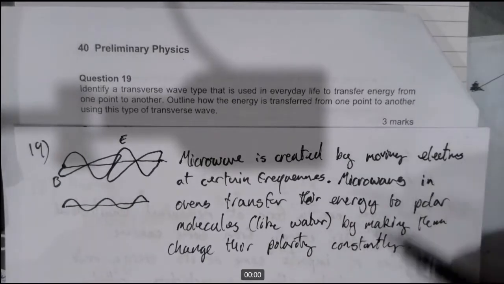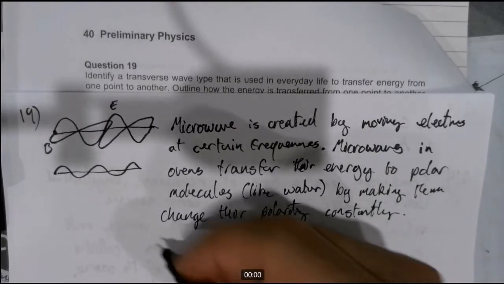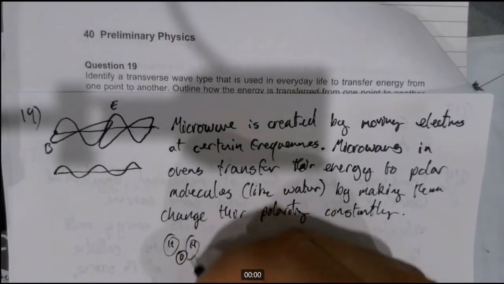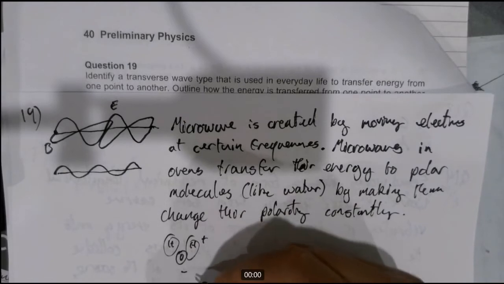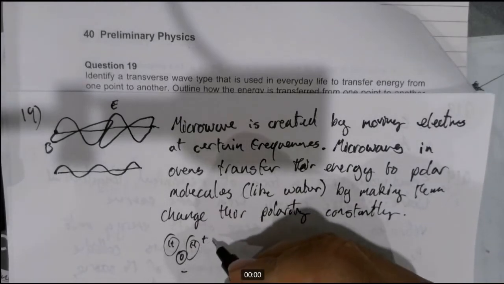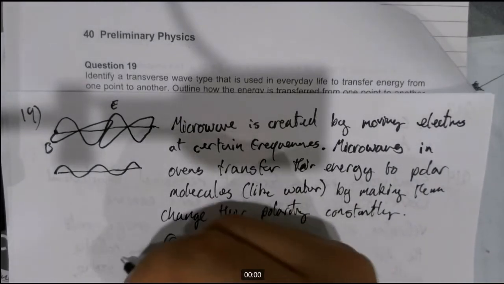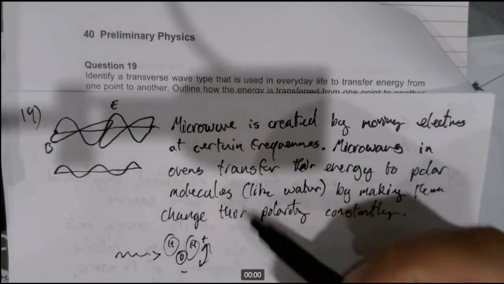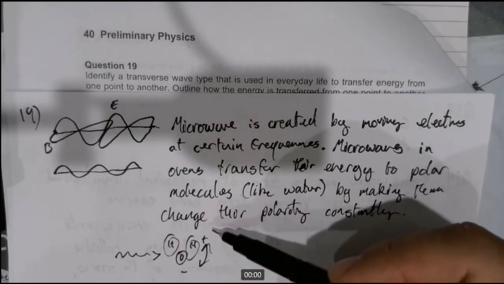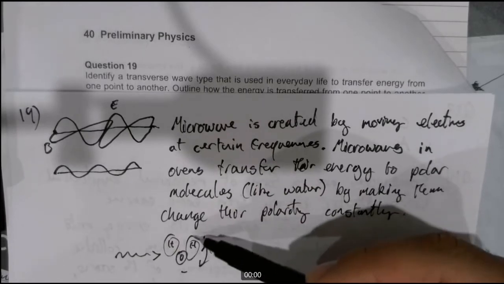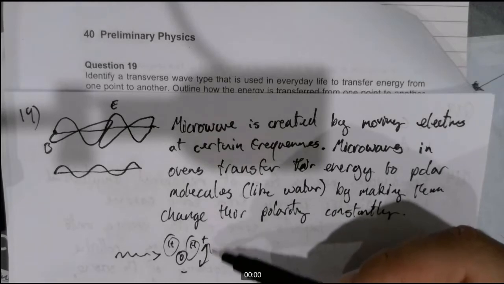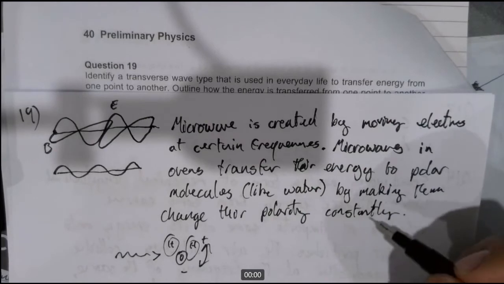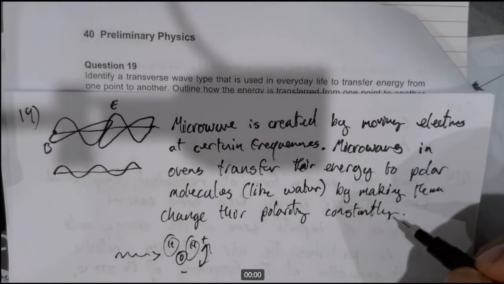So by doing that, by getting those water molecules to oscillate back and forth, so the oxygen end would be a negative and the hydrogen would be more like a positive end. When those electromagnetic waves hit it, those charges flip around. By flipping those charges around, that molecule is put to oscillate in between other molecules of water, and they heat up, so they gain the kinetic energy. Making them change the polarity constantly.